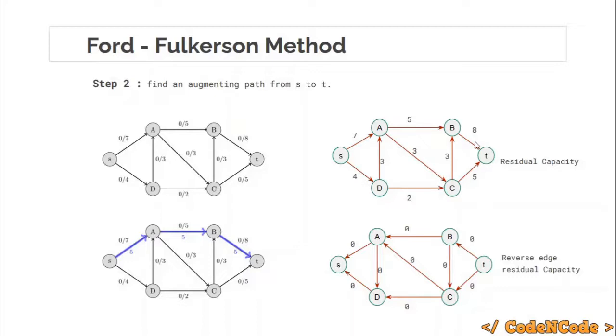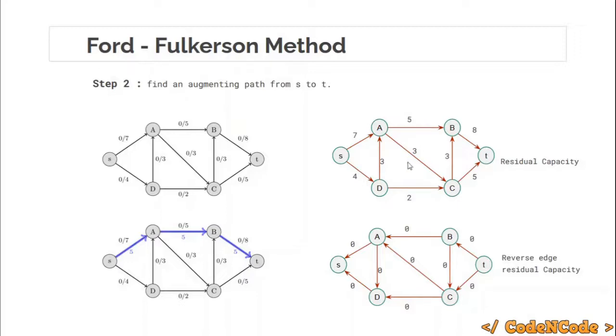So you can send 5 amount of flow from source to destination. And why is that so? Since the minimum edge defines your bottleneck capacity, you cannot go above that.